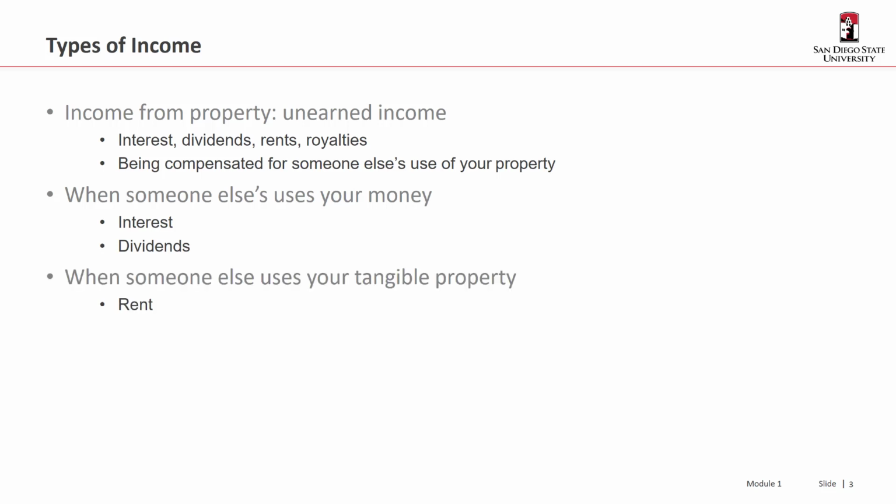That's income from property. When someone else uses your tangible property, so a building, for example, or your equipment, that's rent. The income that you would receive from that, you would typically just call rental income, and that's income from property. When someone else uses your intangible property, like they license from you, or they franchise from you, or they pay you for a patent, that's a royalty. All these are forms of unearned income and income from property.